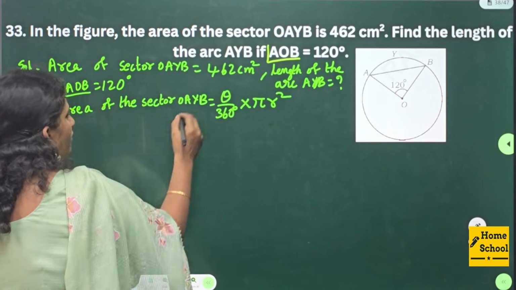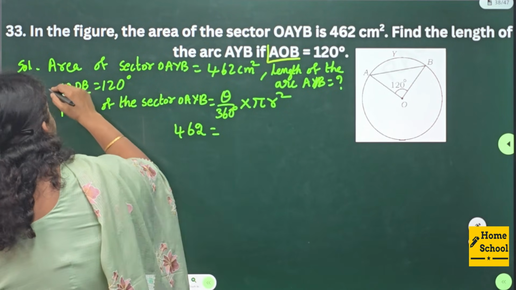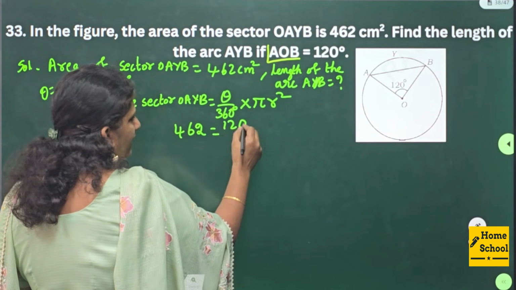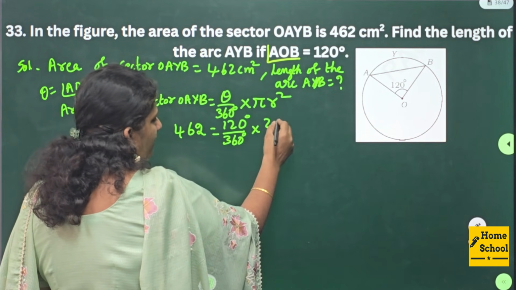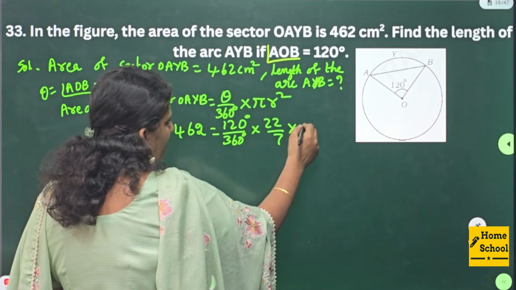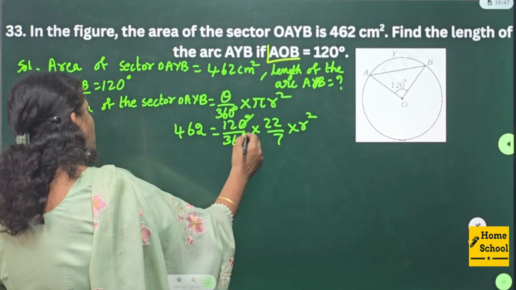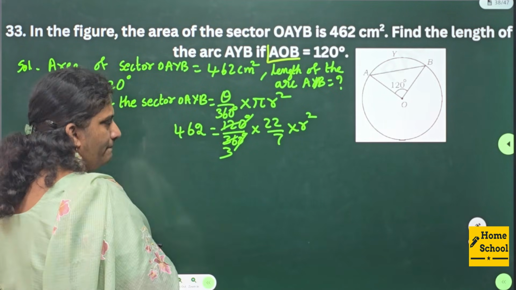Area of a sector already given, that is 462, and this angle is nothing but theta, 120 degree by 360 degree into pi value is 22 by 7 into r square. 0, 0 cancel, 12 3s.